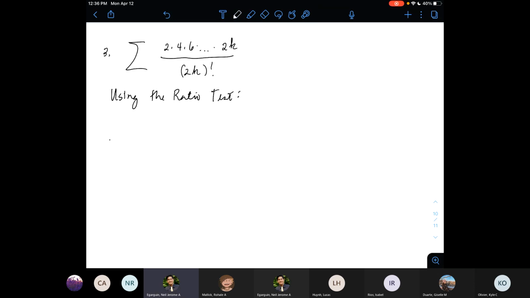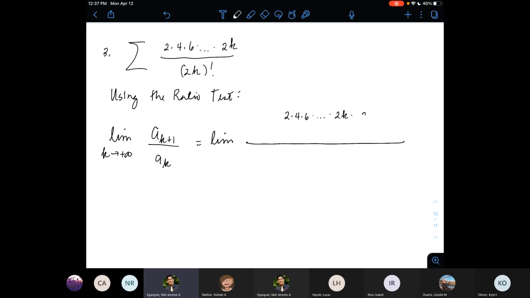Okay, and for the ratio test, we take a look at the limit of a sub k plus 1 all over a sub k as k approaches infinity. And again, be careful with the numerator. It's a sub k plus 1, so we replace all k's we see by k plus 1. So the top will be 2 times 4 times 6. Instead of until 2k, we should end at 2 times k plus 1, right?